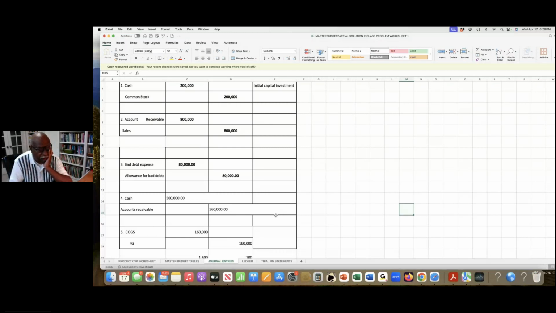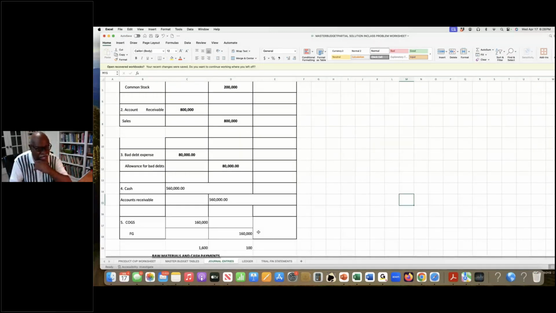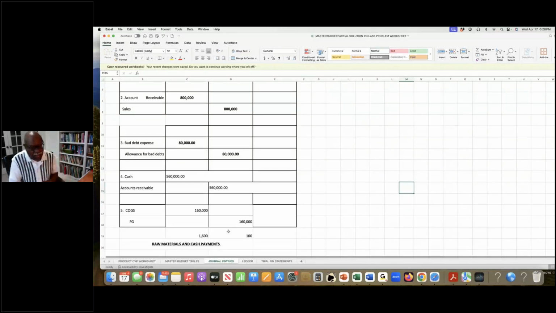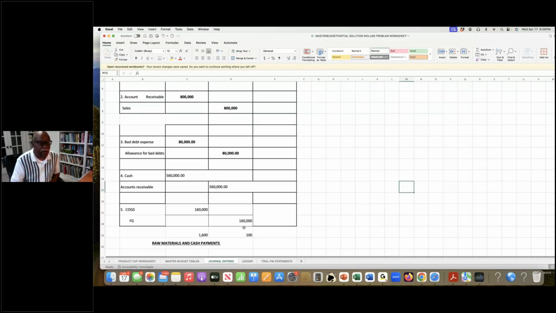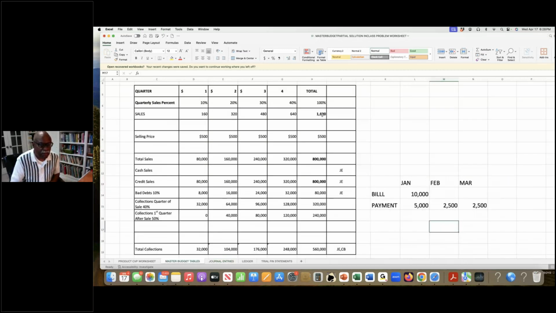Then for the cost of goods sold, remember when we sell anything, we always got to record the cost of goods sold. The cost of goods sold is always the quantity sold, 1,600. Remember, going back to the master budget table, we sold 1,600.